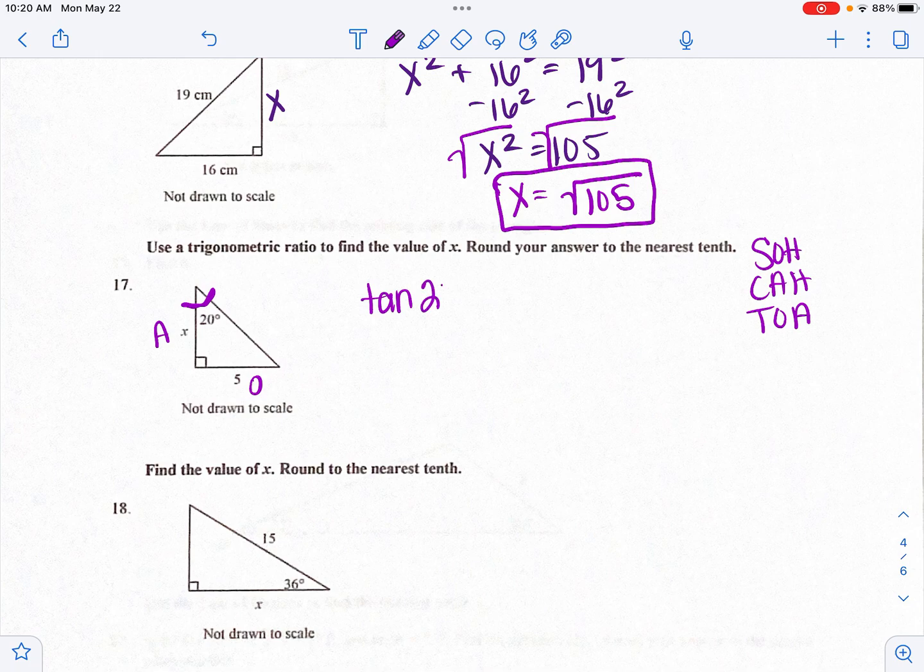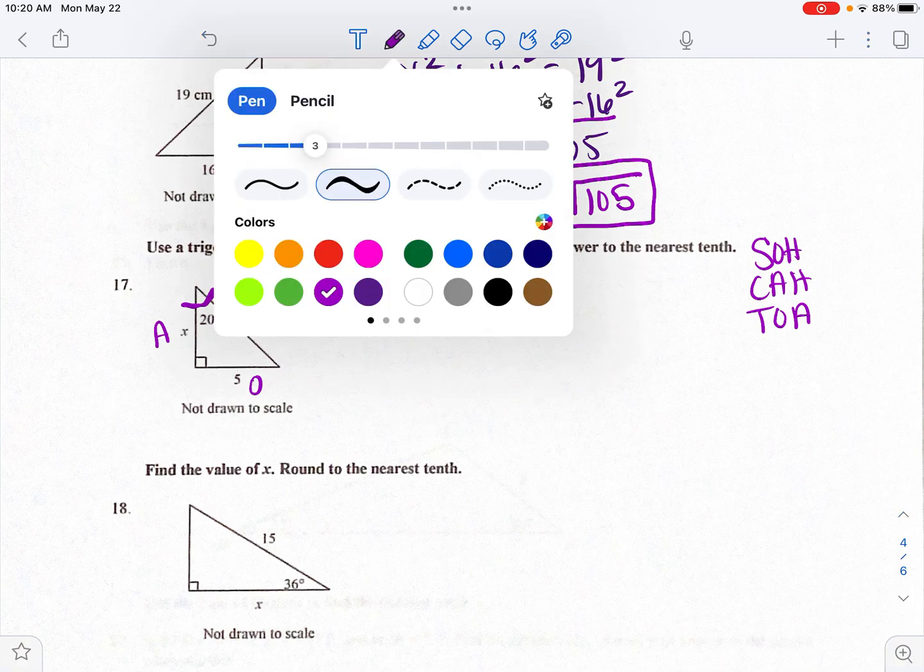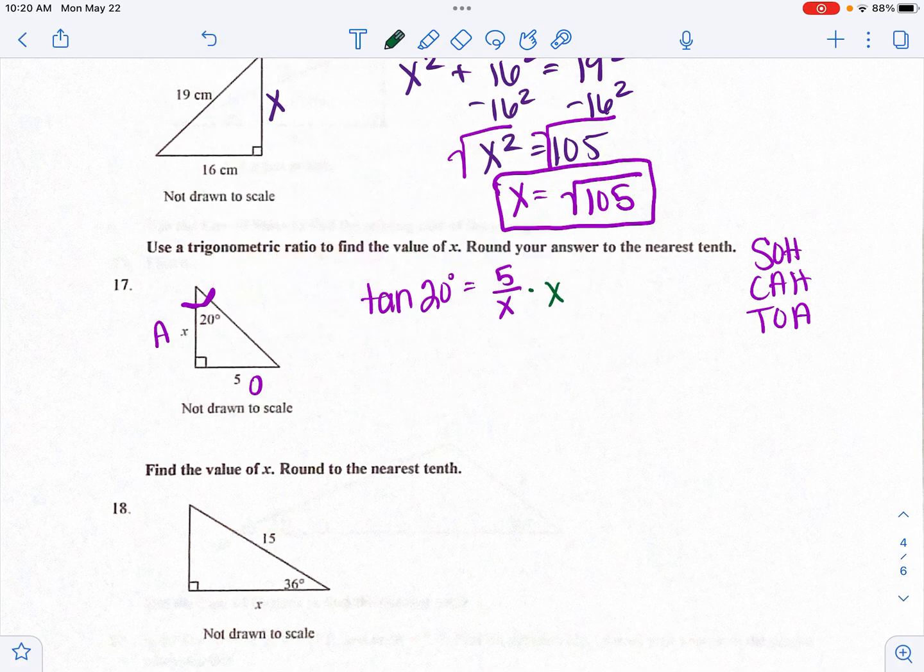The tangent of 20 degrees is the opposite over the adjacent. I am solving for x on this one, so I will multiply both sides times x. So I get x times the tangent of 20 is 5, right? These two divide out, I get 5. And then I would divide both sides by the tangent of 20.